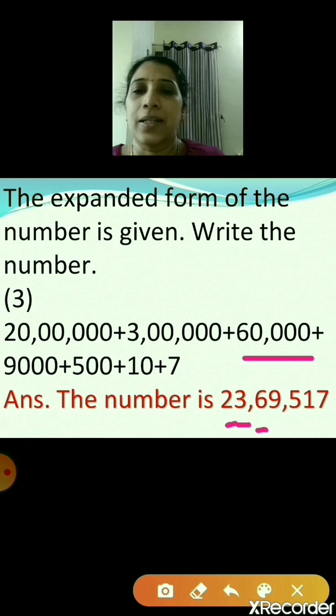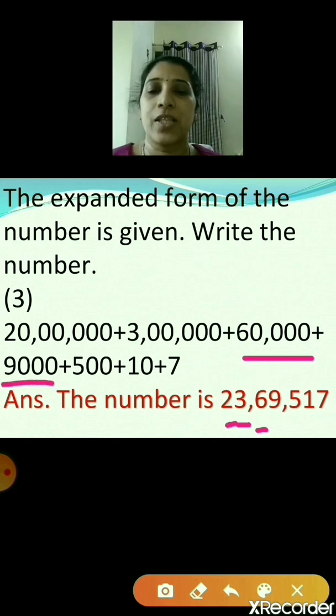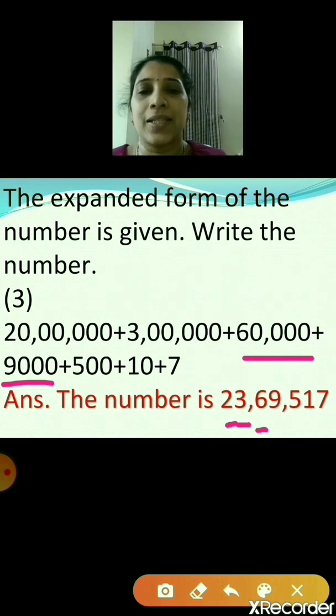The next part is 9 followed by 3 zeros. So the first 0 in the units place, second 0 in the tens place, third 0 in the hundreds place, and the next digit is 9, which is in the thousands place. So you will write the digit 9 as the next number. The next part is 500.